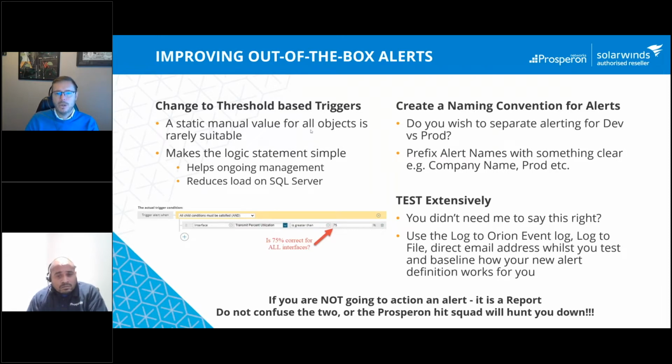Also, when you're creating your alerts, do so with a good naming convention. Our typical approach is either the company name or that we go with dev or prod. So we may be indicating that we're creating alerts for the development platform and development function, but clearly they're going to be handled in different ways.